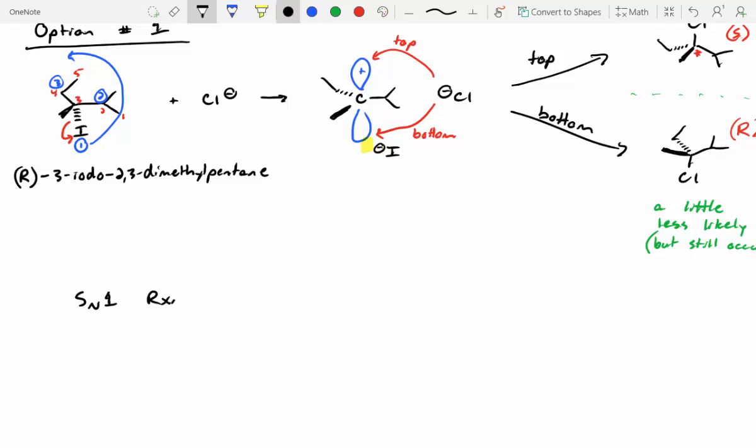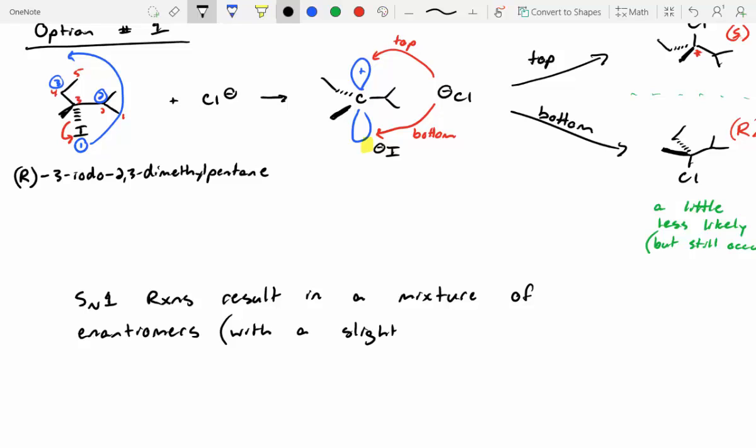SN1 reactions result in a mixture of enantiomers, with a slight preference towards retention of stereochemistry.